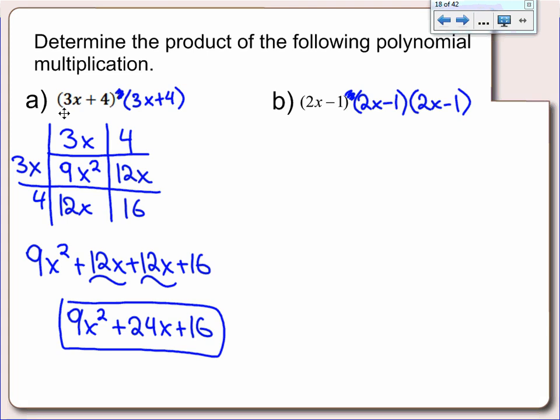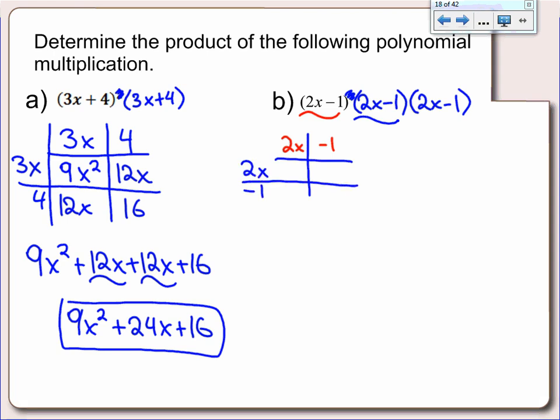So we'll do the first one here, 2x minus 1. And then we'll do the second one here, 2x minus 1. And we'll fill out our little grid.